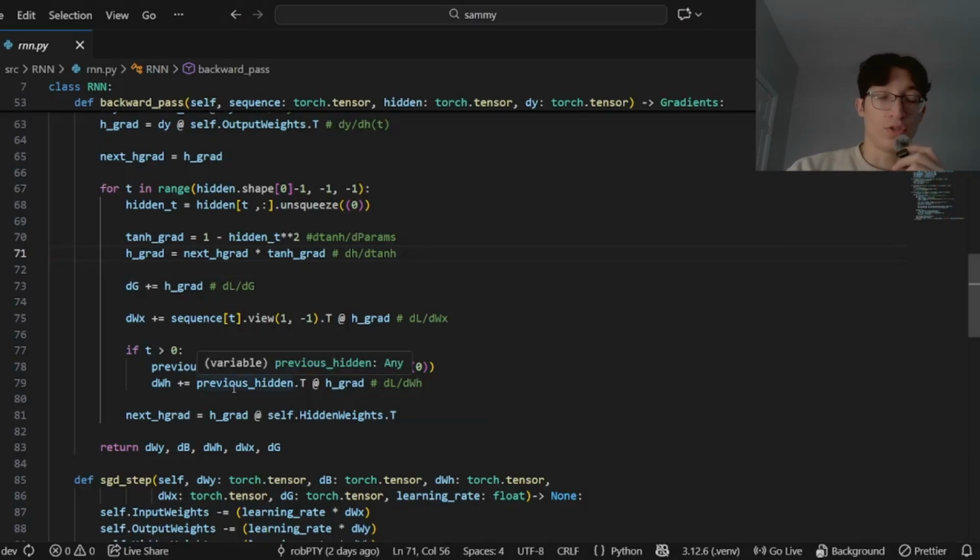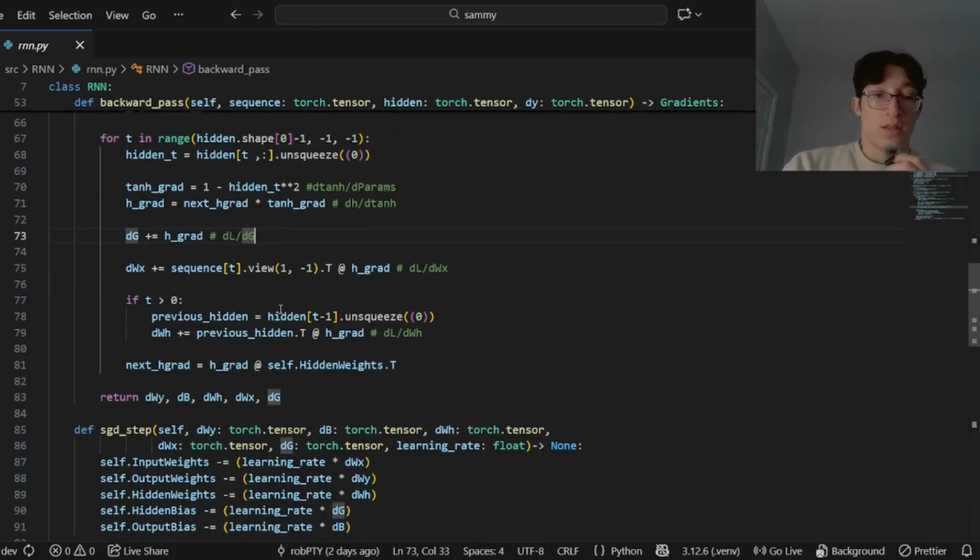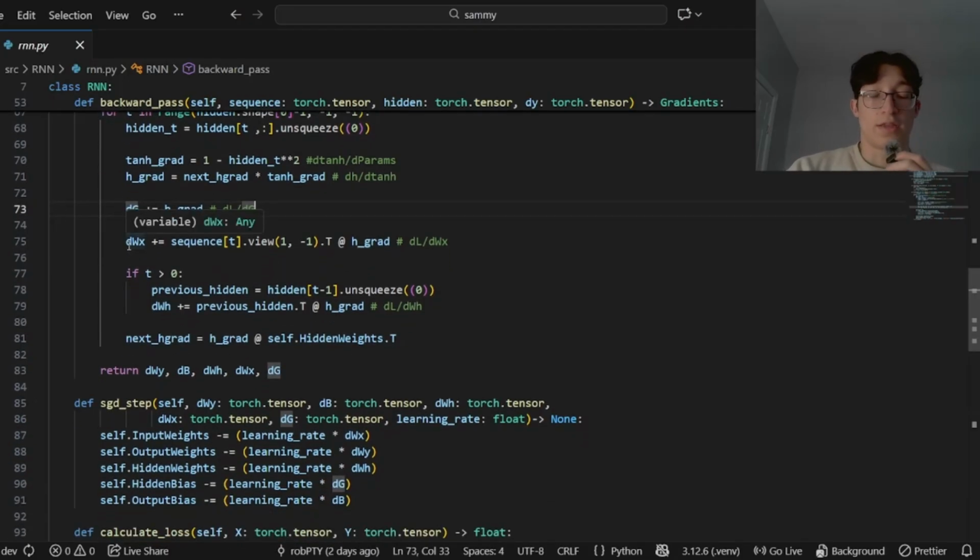As we can refer to in the earlier formulas that I showed you, the partial derivative of the loss with respect to the hidden bias is actually just equal to h grad, which we already have. So we can just add this to this variable, and now we already have 3 out of the 5 possible parameter gradients.